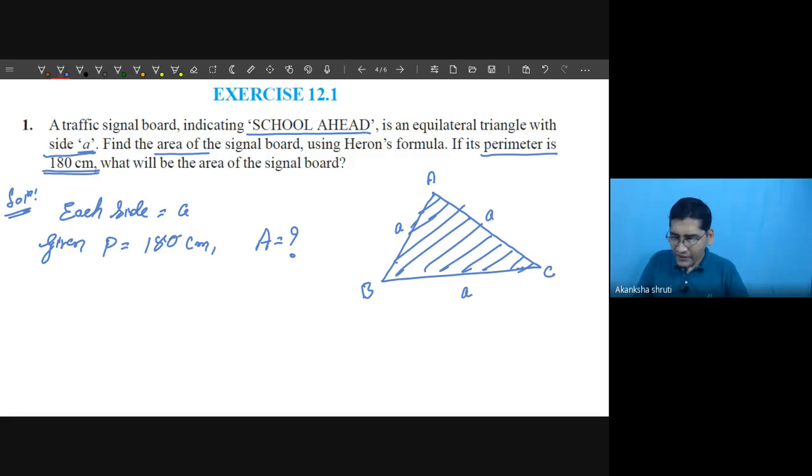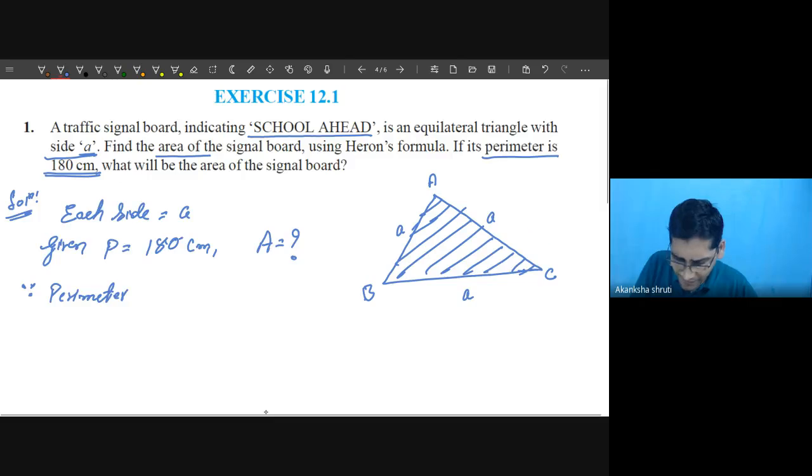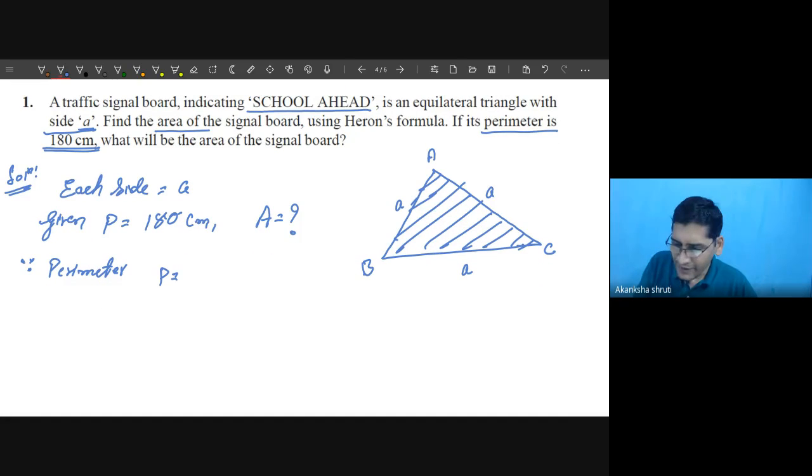Students, wherever the perimeter is given, its side length can be calculated for an equilateral triangle. So write, since perimeter P is given by AB plus BC plus CA, meaning A plus A plus A. You can write it directly, no need to write AB plus BC plus CA.